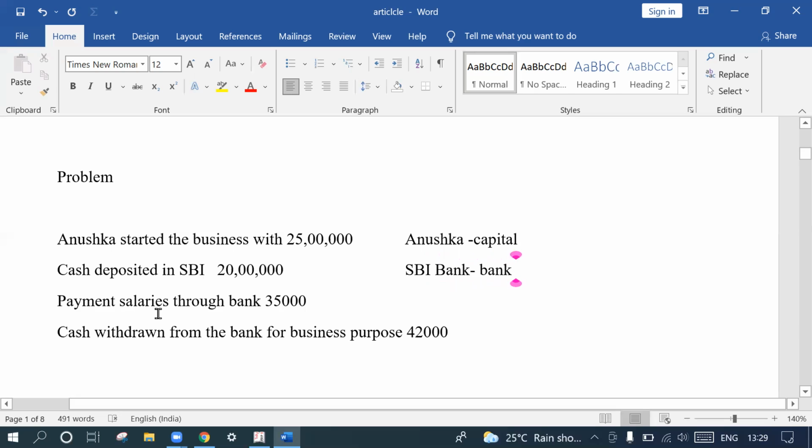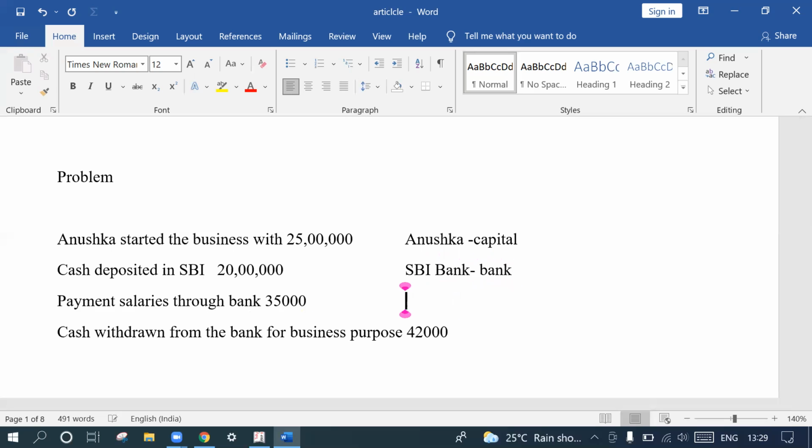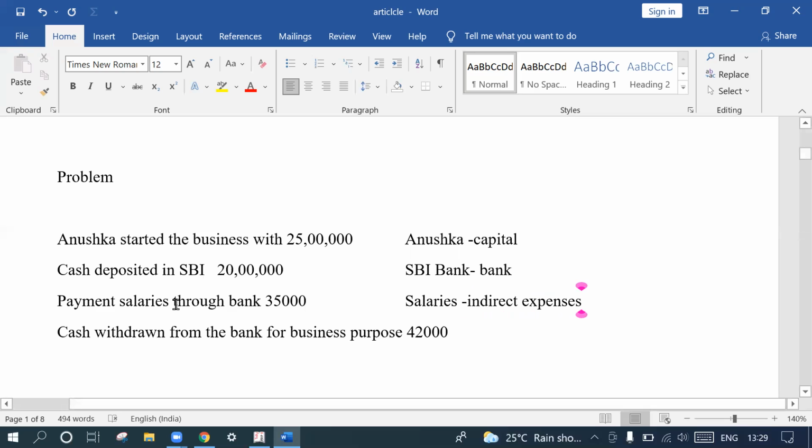And payment of salaries through bank. So first here, salaries should be created under indirect expenses, and through bank.